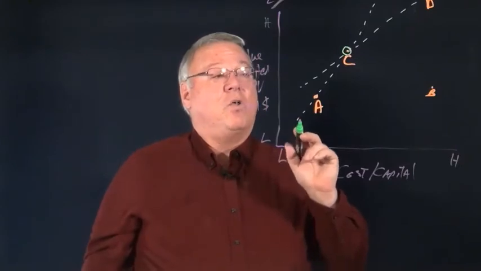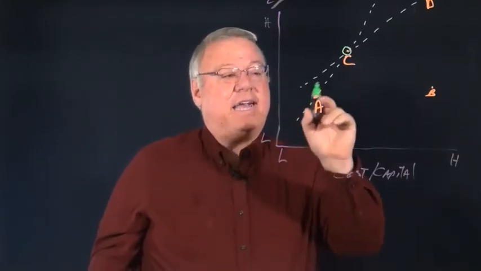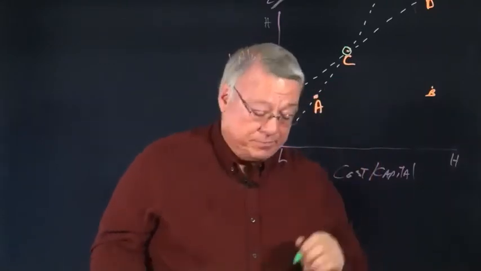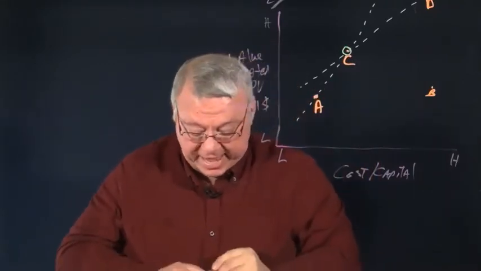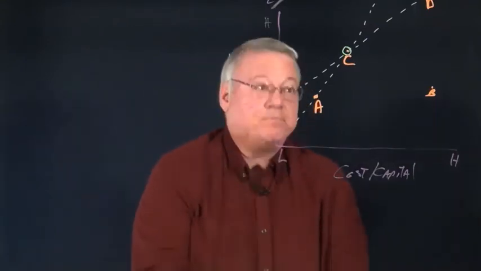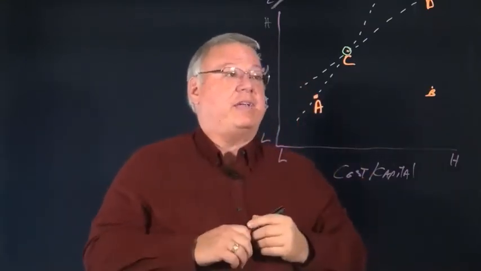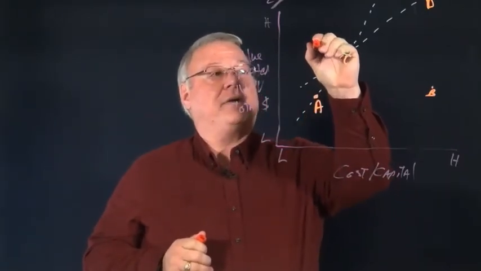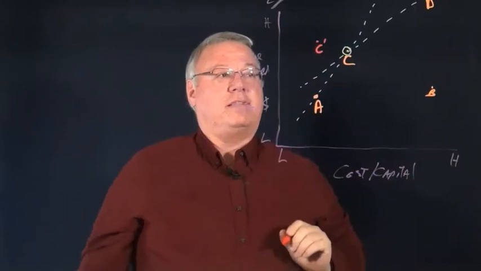But what if I added elements of A and elements of C together? We're going to assume there's more of C than there is of A, so we're going to call this C prime. And C prime ends up being right there.